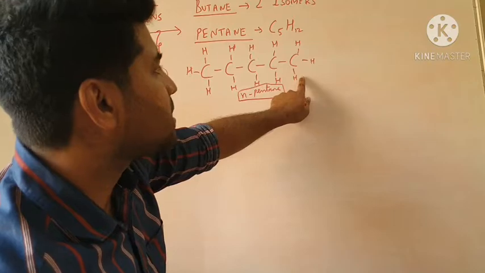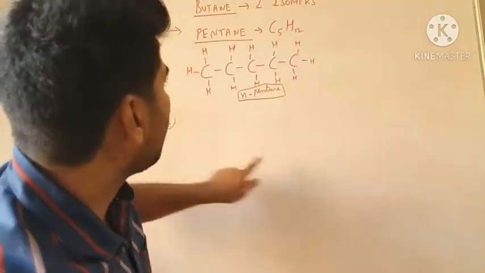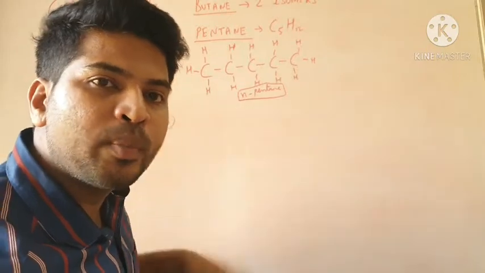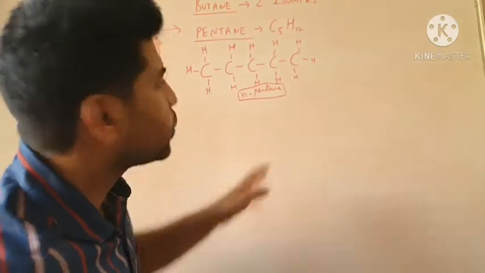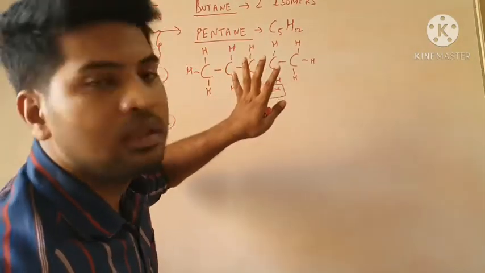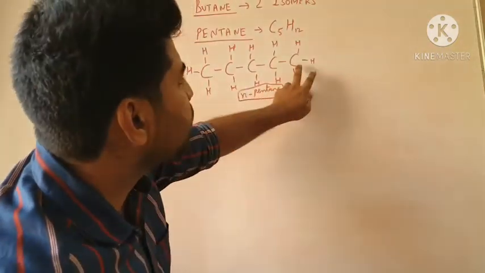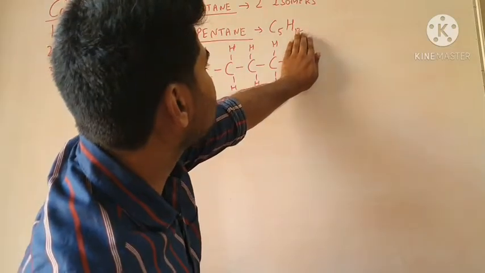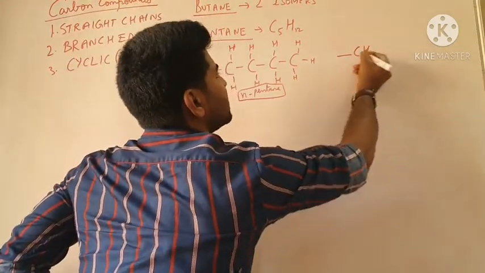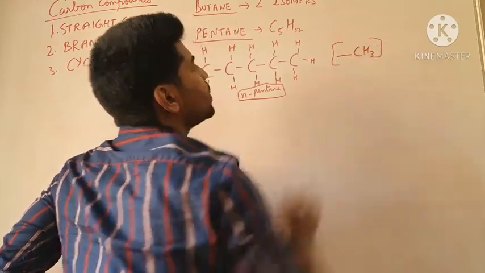We cannot attach the carbon once again to the last carbon because then the structure would be exactly the same. The carbon we remove is associated with the methyl group, so we remove a CH3 group.